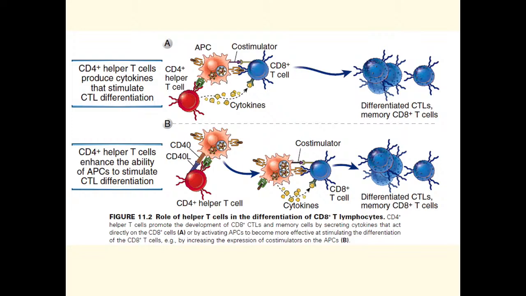So here you can see we have CD4 T helper cells that produce cytokines like IL-2, 12, 15 that will lead to activation and expression of some co-stimulators, and there will be recognition of antigen by the T cell and really good activation of CD8 T cells, which will differentiate into either cytotoxic CD8 T cells or into memory T cells, depending on the antigen.